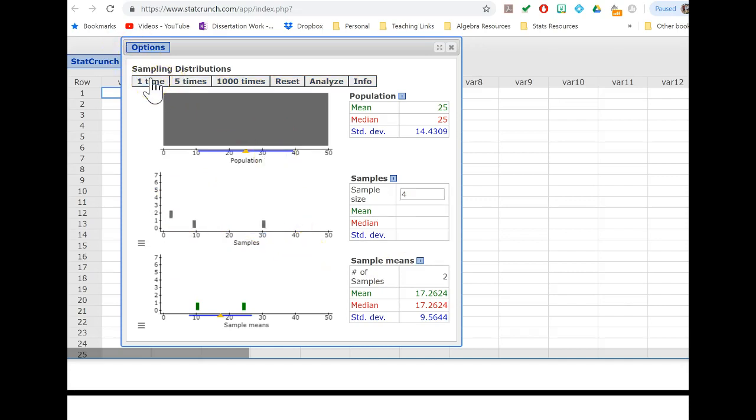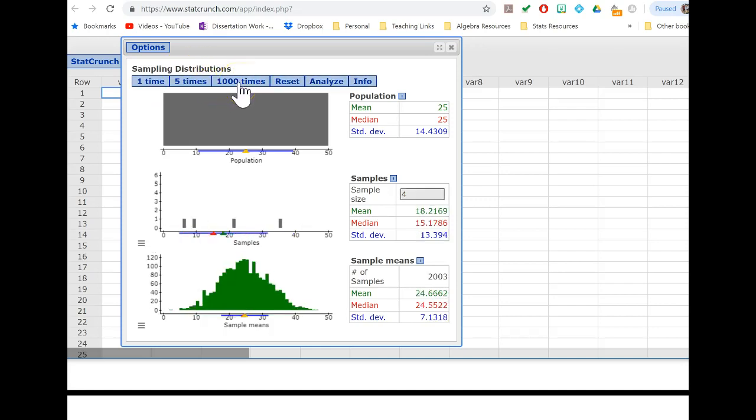Again, right? And we could do this 1,000 times. And what we're starting to see is exactly what we saw in the dice example, which is we're centered right at the middle, which in the dice example was 3.5 and is now 25. And we're starting to see something that is symmetric, unimodal, almost looking normal in this case.